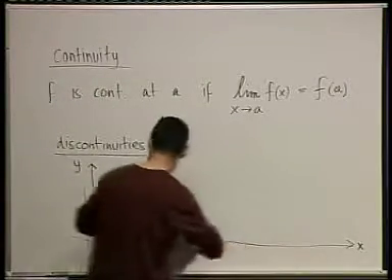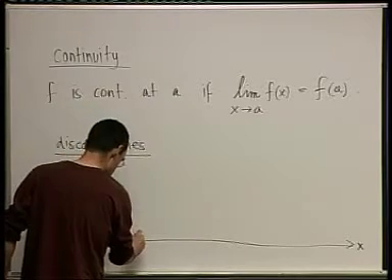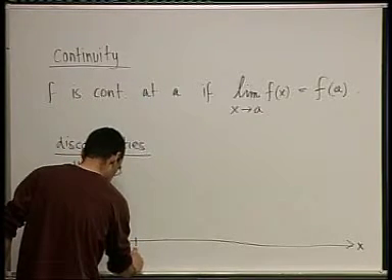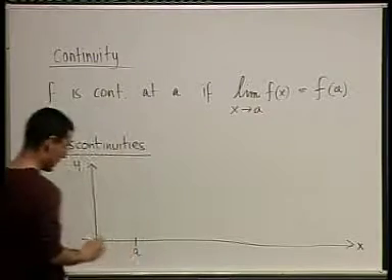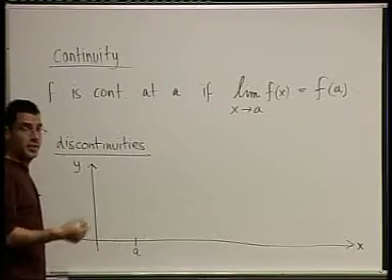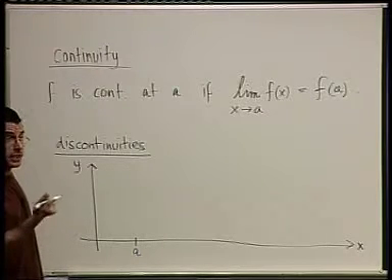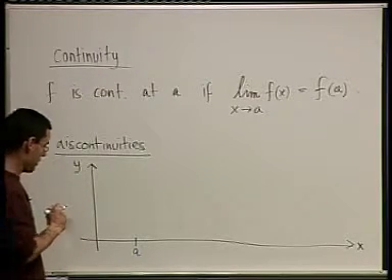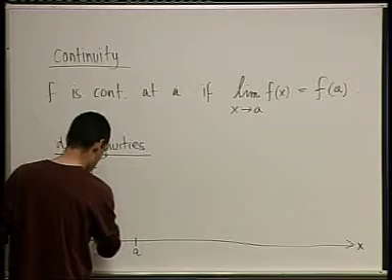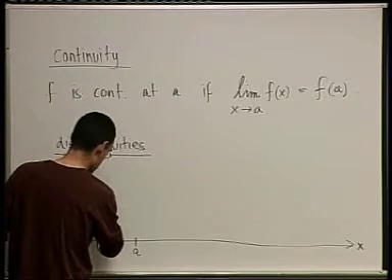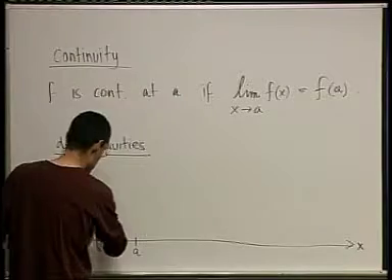You all know that. So suppose this is the point A, and I want to explore what various sorts of discontinuities can happen. They're different in essence.